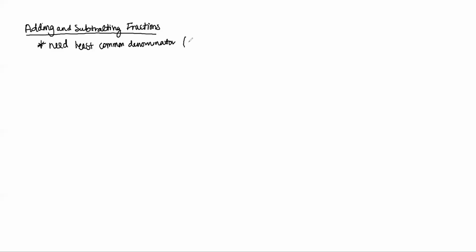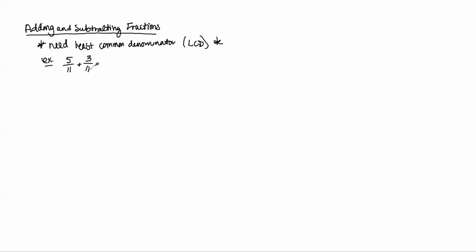We're also going to call this an LCD, just so we don't have to write this out every single time. So let's go ahead and look at some examples where we don't need to change our denominator. So this first one here, let's say we have 5/11 plus 3/11.